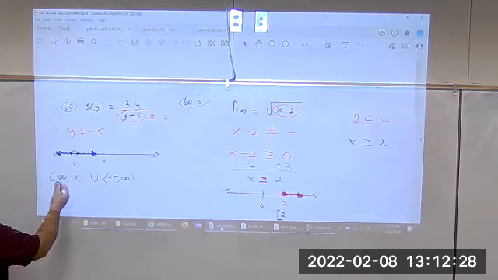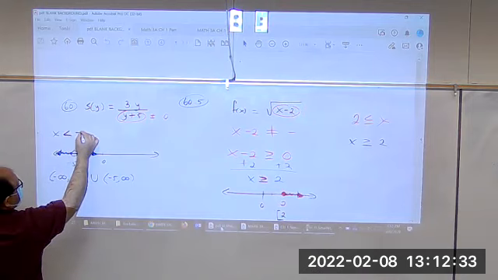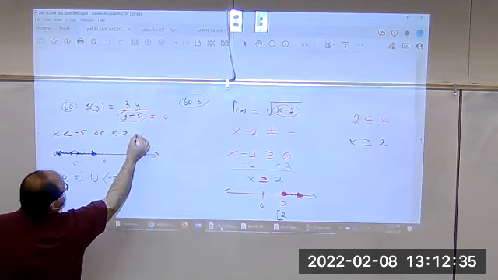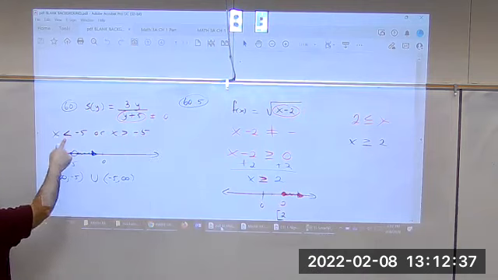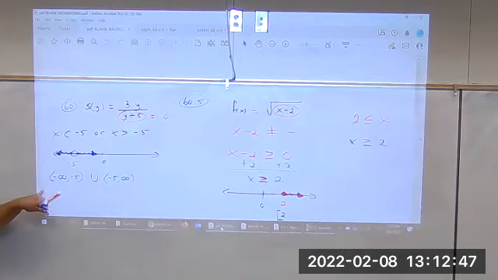Greater than, this was x less than -5 or x greater than -5. If you're really sloppy, it kind of looks like a parenthesis, but you don't have a straight line at the bottom. No straight line means parenthesis, not a bracket.